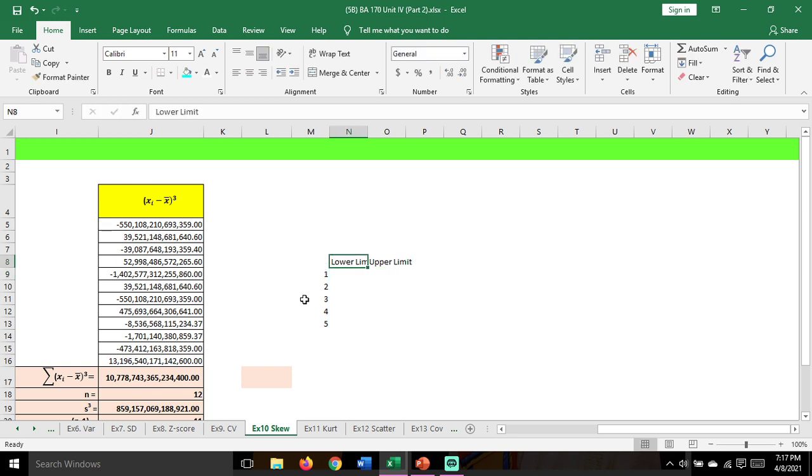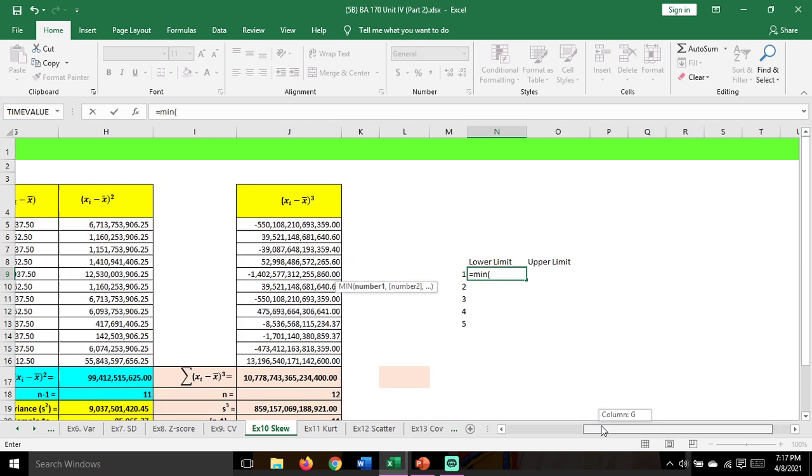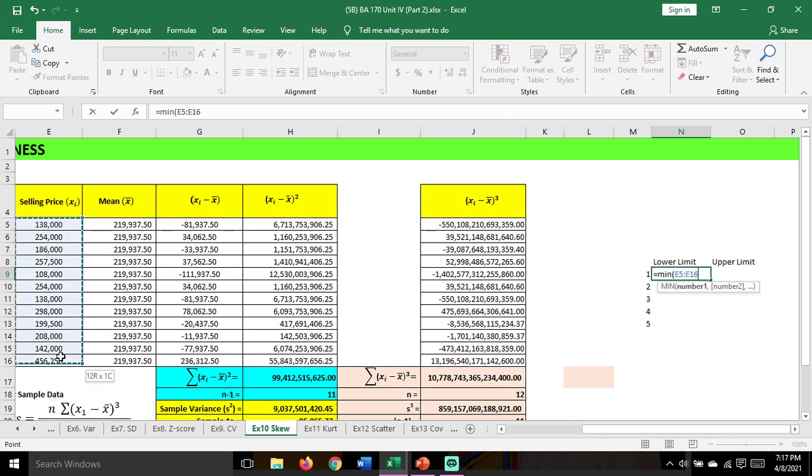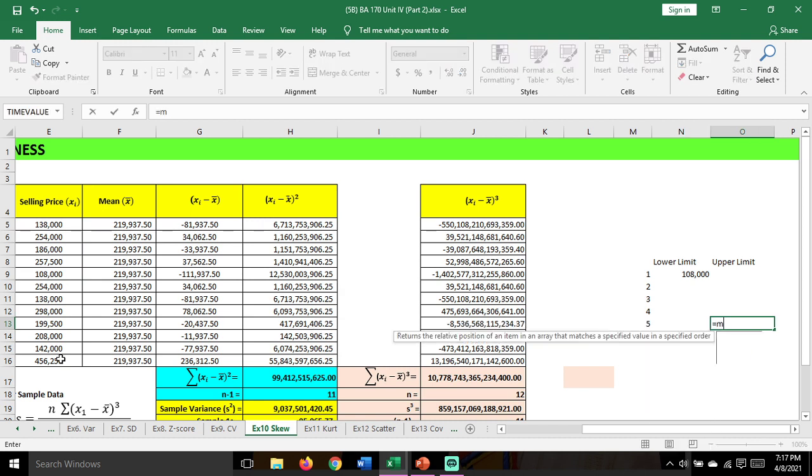Okay. So, in the first category, the lower limit will be the minimum value of our data. Okay. And then the upper limit will be the maximum value of our data.